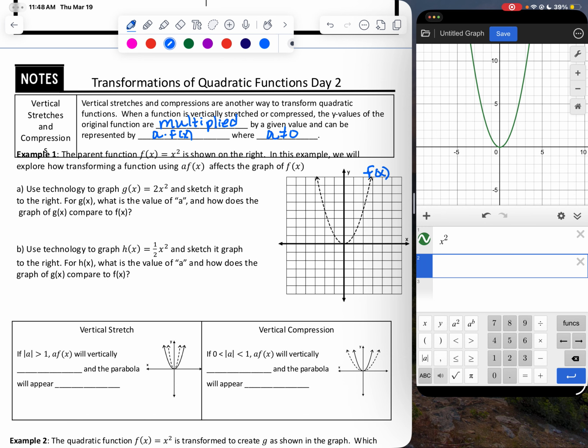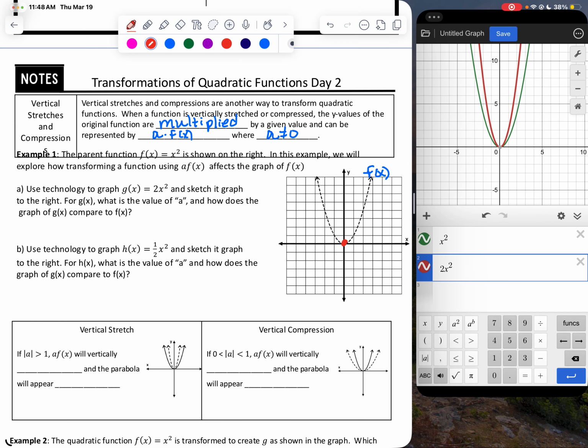So in any graphing calculator, I'm going to use Desmos, but you could use any graphing utility. I'm going to put in our first function, which is 2x squared. On my calculator I graphed it in red, so I'll graph it in red on our notes. The vertex in this problem stays at 0, 0. But now the y values are being stretched.